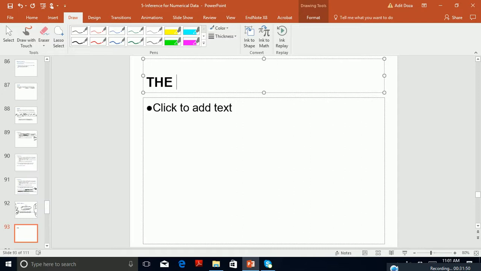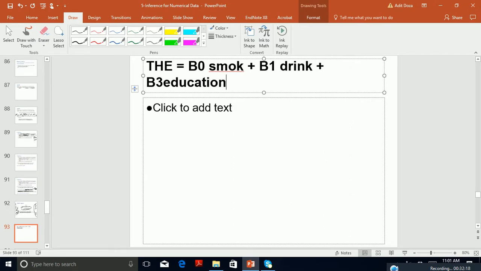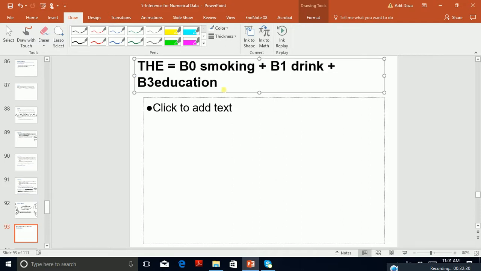I used the World Bank dataset of 120 countries, looking at whether total health expenditure depends on smoking: beta naught plus beta 1 smoking, plus beta 2 drinking, plus beta 3 education level. Let me just write education like this.